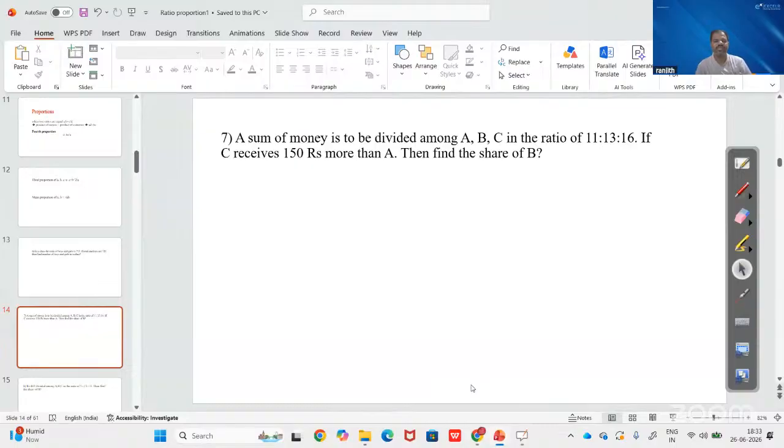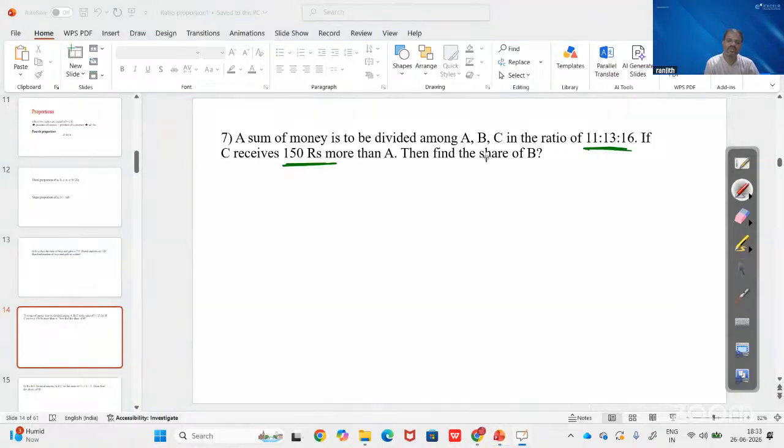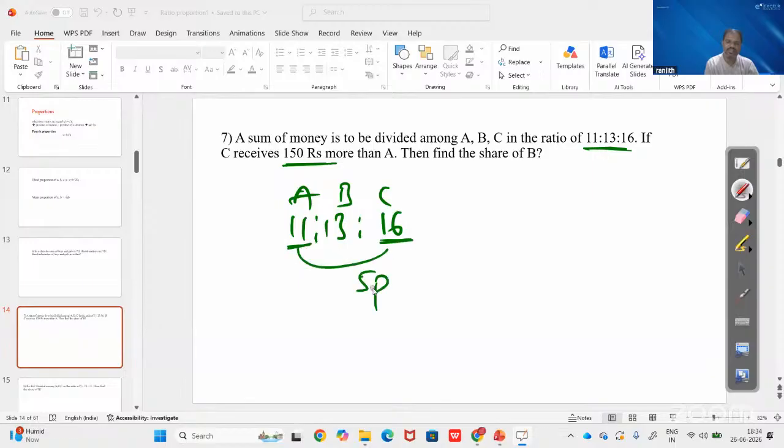A sum of money is divided among A, B, C in the ratio of 11, 13, 16. If C receives 150 rupees more than A, where C equal to 16, A equal to 11, what is the difference? 5 parts. 5 parts equal to 150, where 1 part equal to 30.